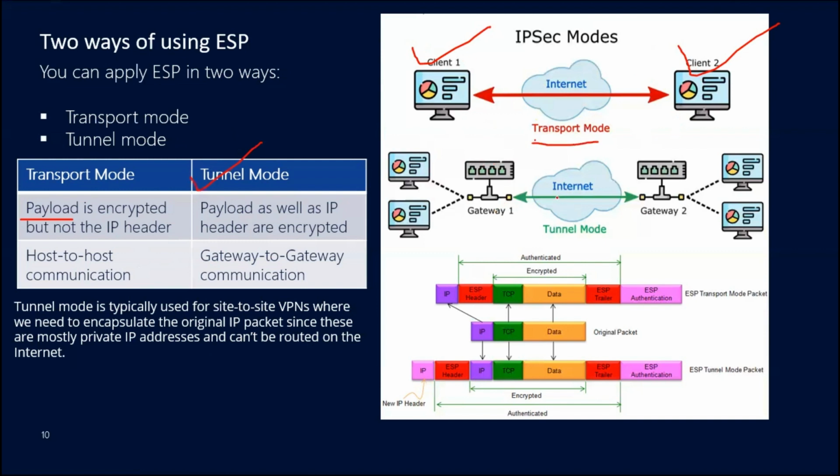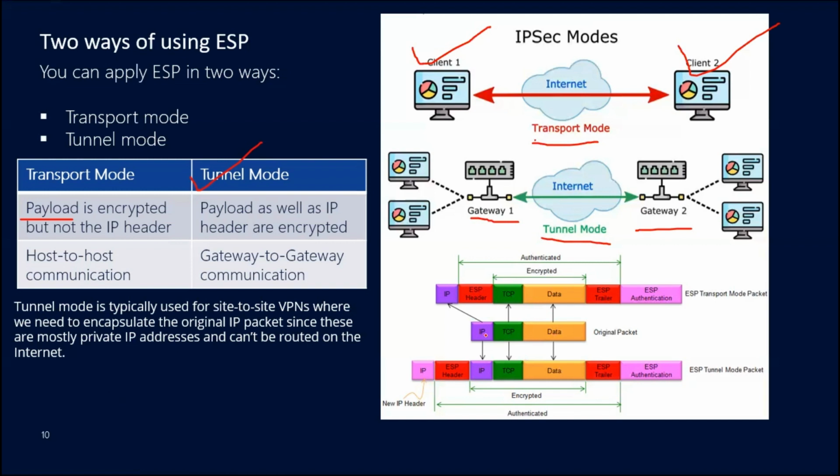And if you have to provide security to your data between two gateways, then you are going to use tunnel mode. Okay, so basically transport mode does not authenticate or encrypt the IP header, which might expose your addressing information to potential attackers while the datagram is in transit.